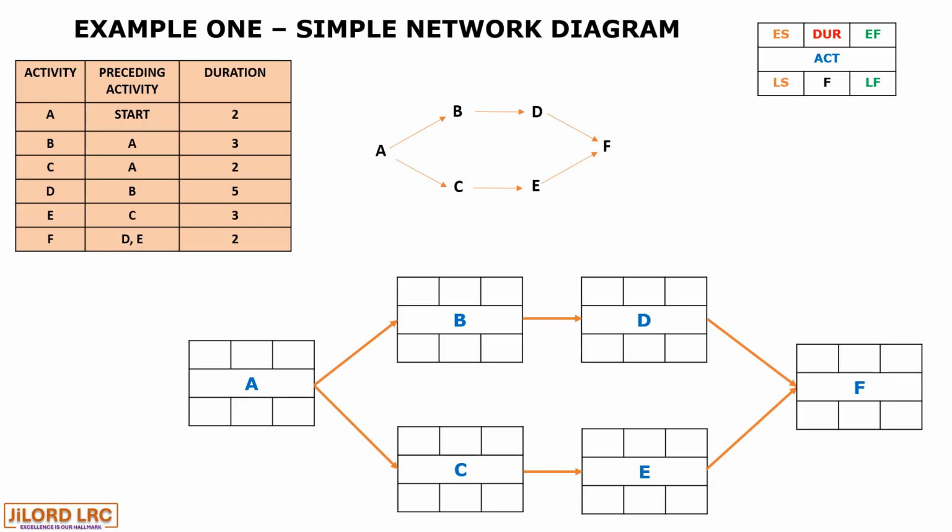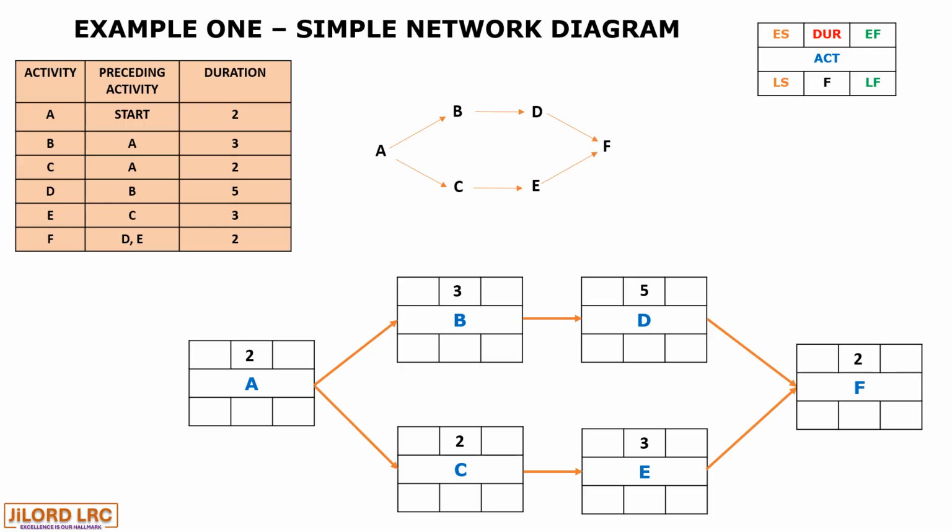Now, let us indicate the duration of each activity within the duration column in the network diagram. So activity A has 2, B has 3, C has 2, D has 5, E has 3, and F has 2.